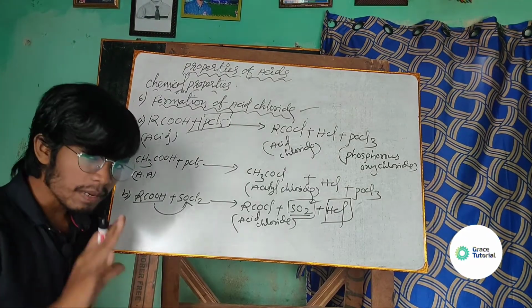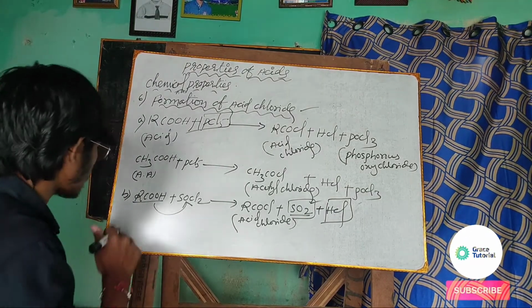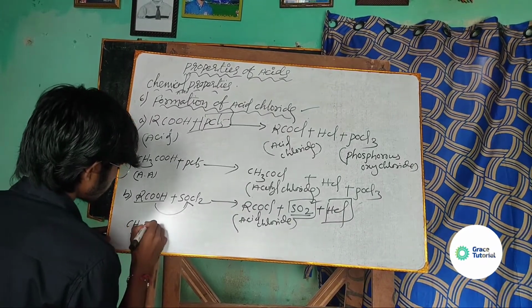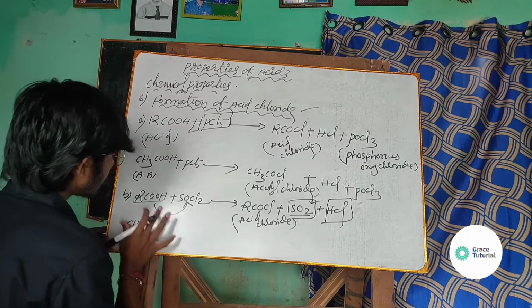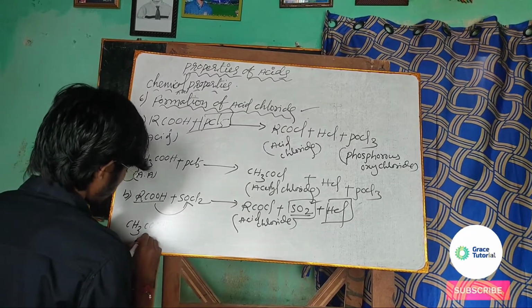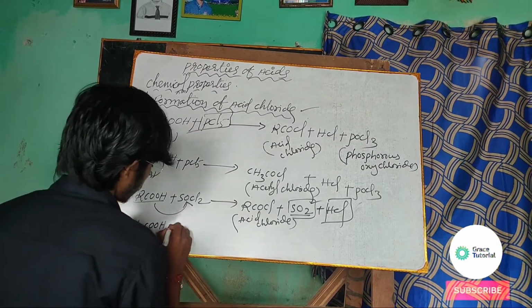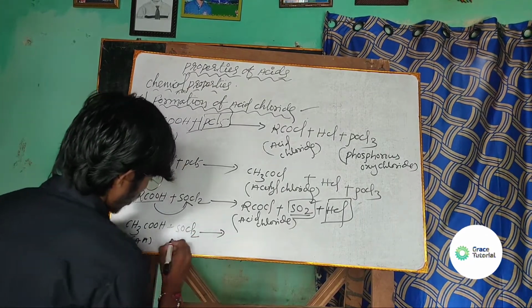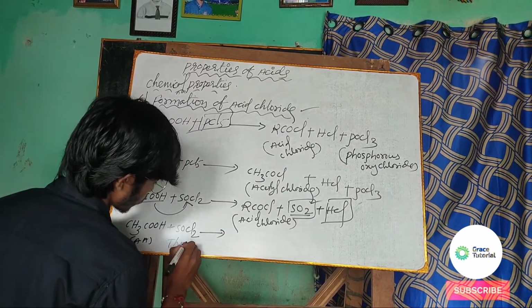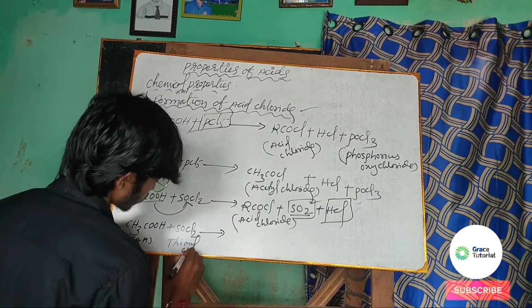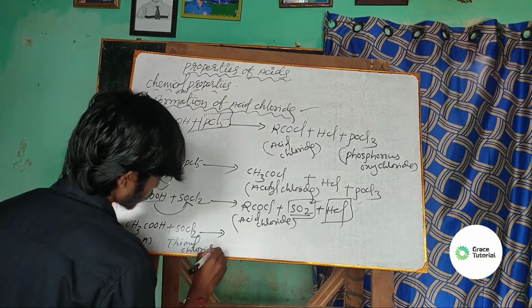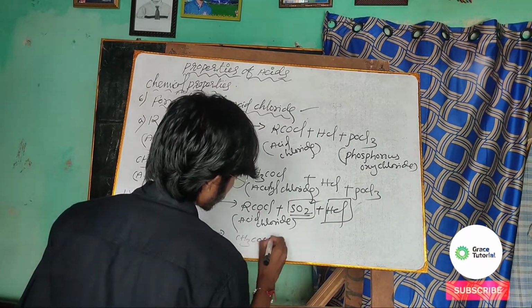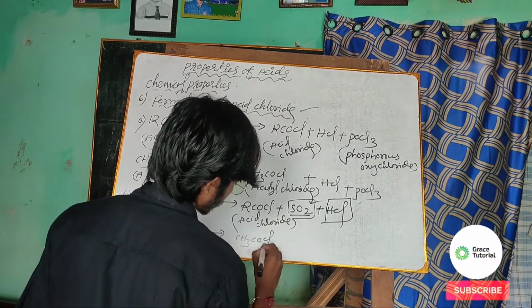Let me give you a specific example so that you can understand clearly. I have CH3COOH. What is the name of this compound? Acetic acid. When this acetic acid reacts with thionyl chloride, it gives CH3COCl, acetyl chloride.